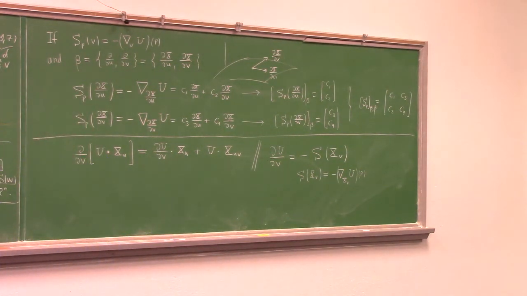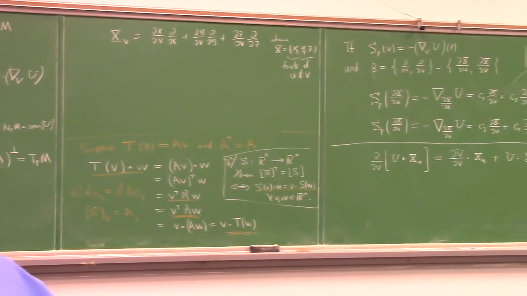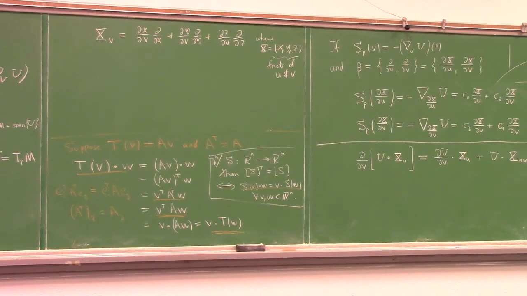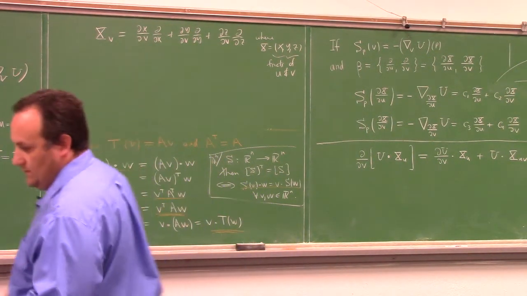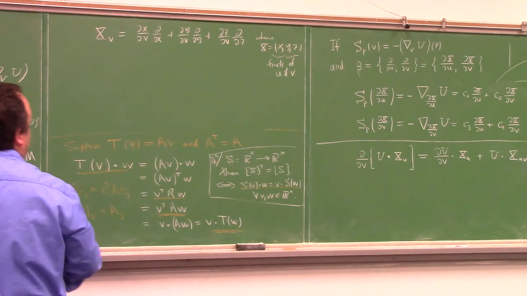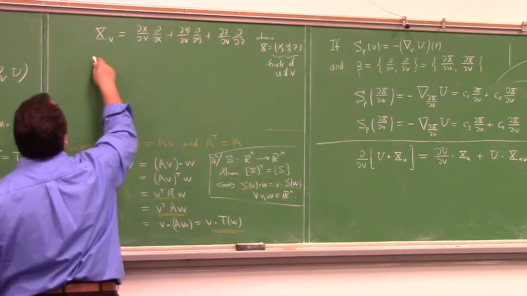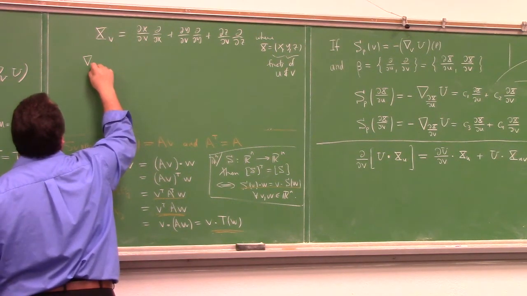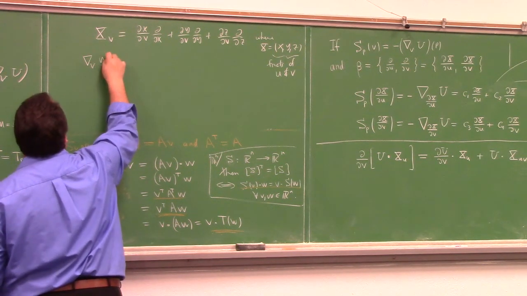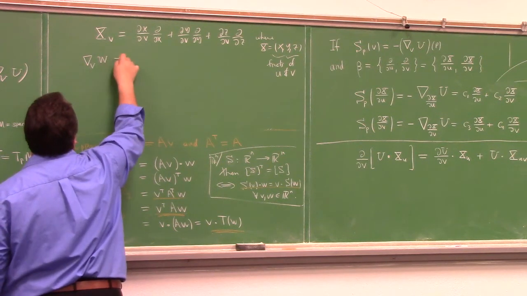Now, do you remember how we defined the covariant derivative? What was our formula for the covariant derivative? If I had the covariant derivative of w in the v direction, what would we say that was?